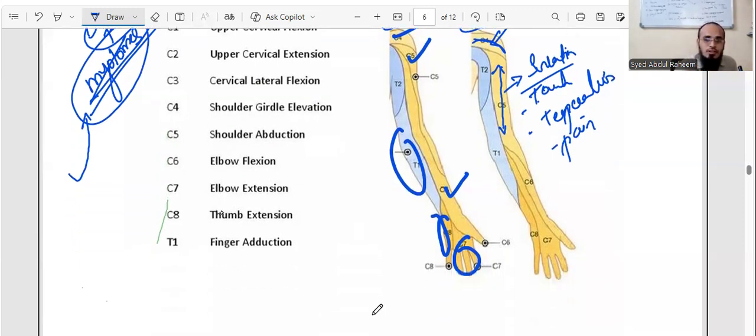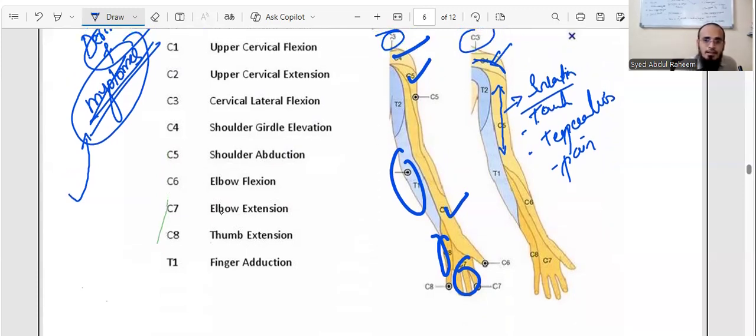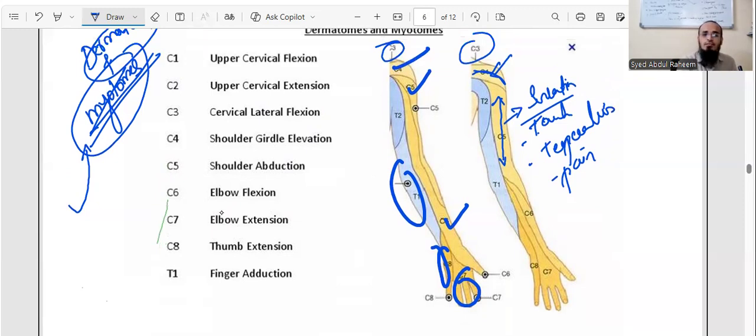So what are the functions we have here? In C1 we do cervical flexion. This is flexion. C2, cervical extension, and lateral flexion.